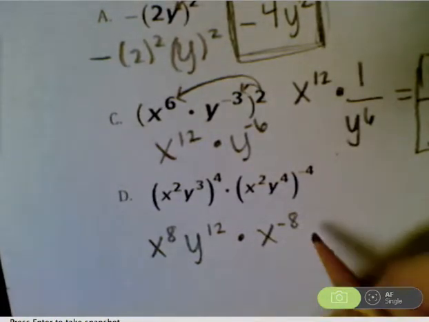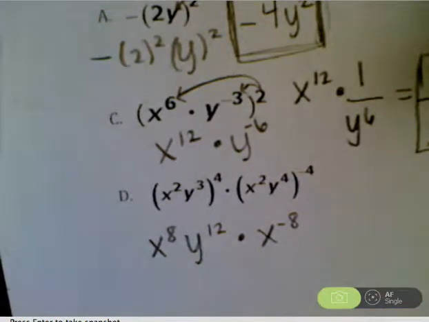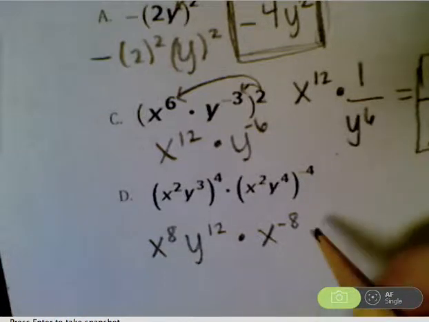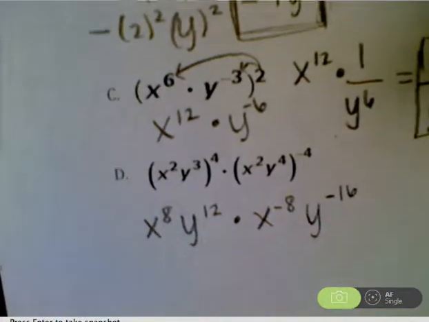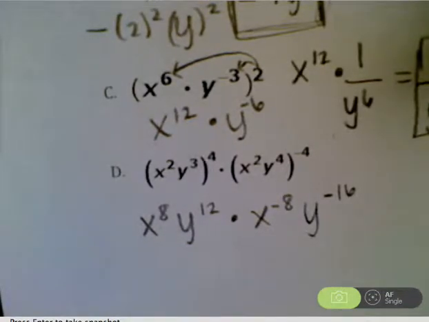Okay, and what do I get? Negative 8 and then negative 4, which is negative 6. Very good. Thank you. Charlotte, can you tell me what I do next? You would put x to the negative 4 and y to the negative 16 in the denominator and put 1.